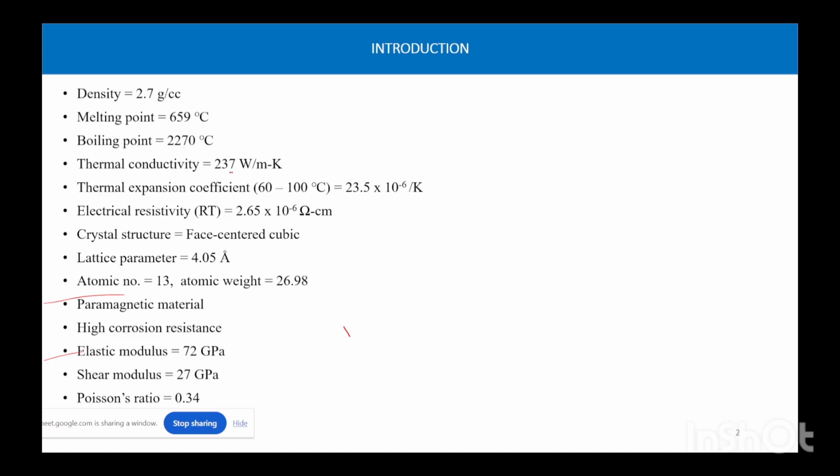Thermal conductivity is high. Because of this thermal conductivity, it is usually preferred in utensil applications. Thermal expansion coefficient is generally 23.5, which means in the moderate range. The electrical resistivity is very low, so it has very high conductivity.